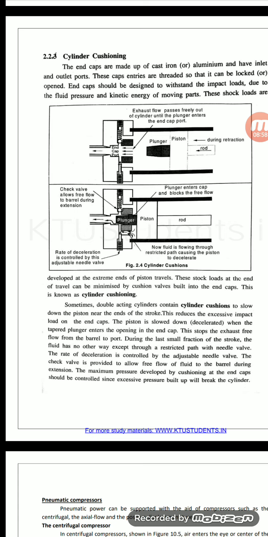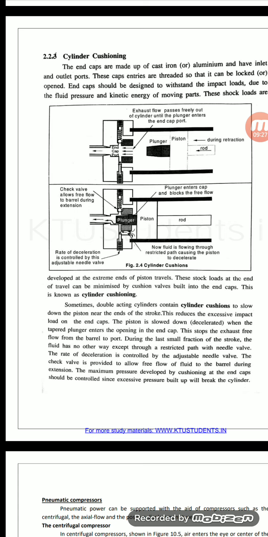The piston is slowed down, that means decelerated, when the tapered plunger enters the opening in the end of the cap. This stop exerts a restriction on the flow, which is a barrier to the fluid during the last small part of the stroke. The rate of deceleration is controlled by the adjustable needle valve.